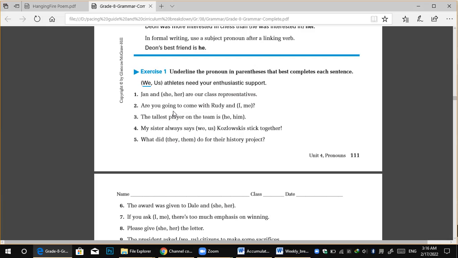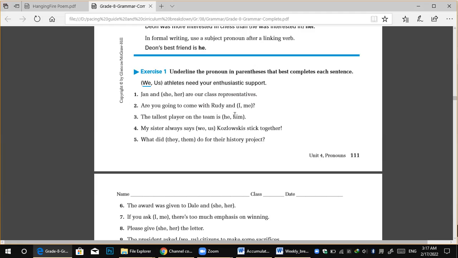Yes, come with Rudy and me, because here it is an object. Me. So the answer is me, because it is an object.